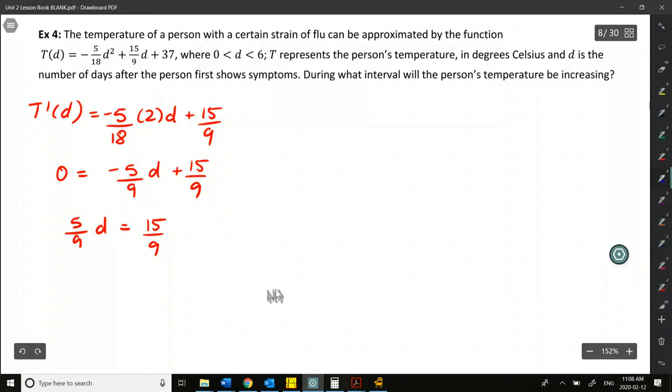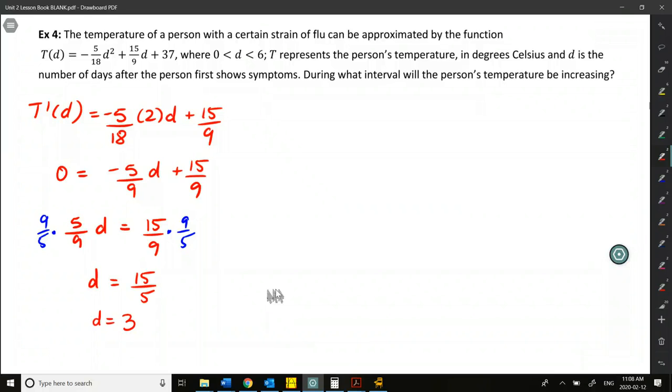Okay, easiest way to get rid of a fraction is just to multiply by its reciprocal. So I'm going to multiply each side by 5/9 to get D by itself. Not negative reciprocal, just reciprocal. Okay, if I multiply by negative, then I'm going to find negative D. It's not what I want.